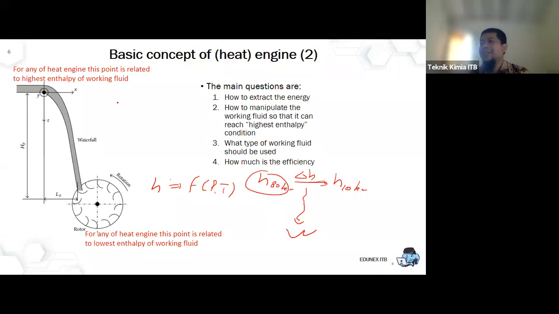Yeah, anything. I mean, when you see the PH diagram, PV diagram or TS diagram, when we use water here, from this one to this point, we need very high pressure.